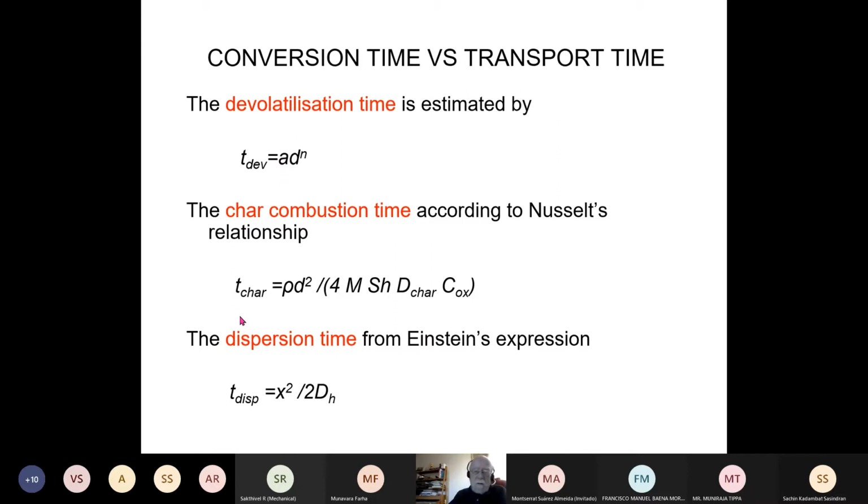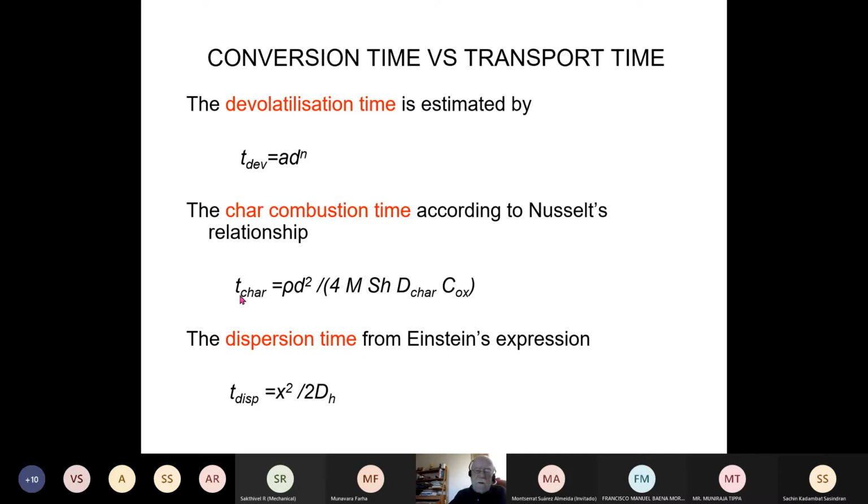The char combustion time can be calculated in many ways, depending on the mode of char combustion. One of the simplest modes that I have illustrated before is when we have diffusion control, external diffusion control of the particle. And then I have derived this expression. So let us use this.